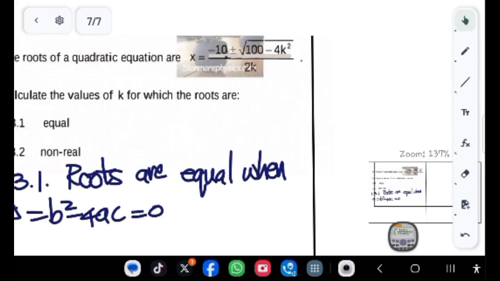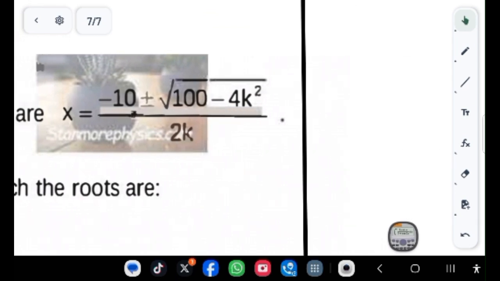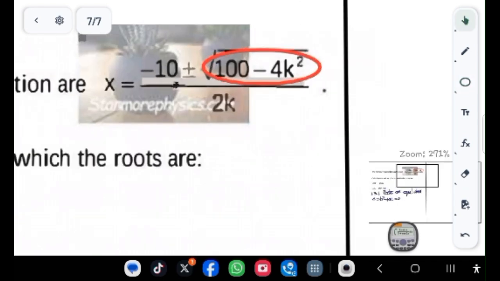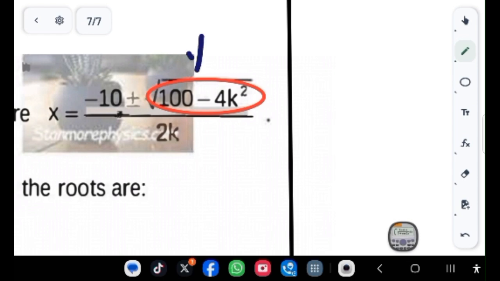And this is the delta, the part under the square root sign in the quadratic formula. That's your b squared minus 4ac.